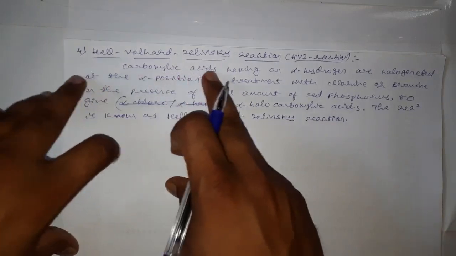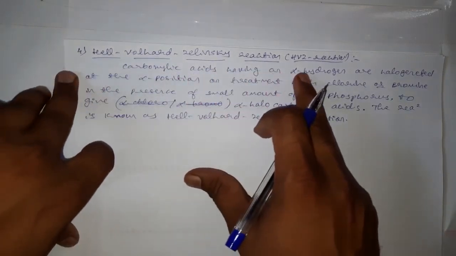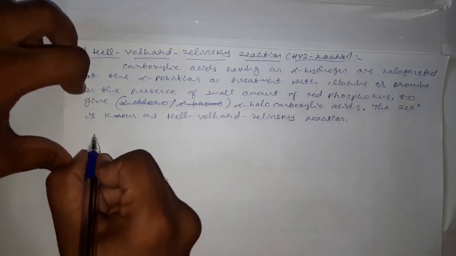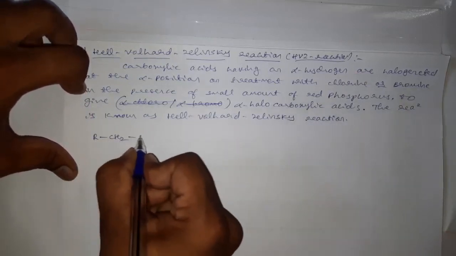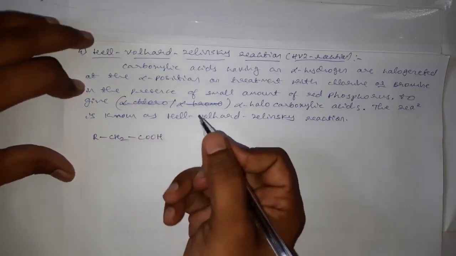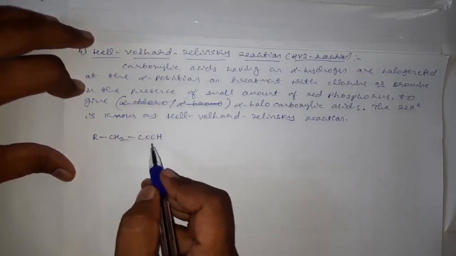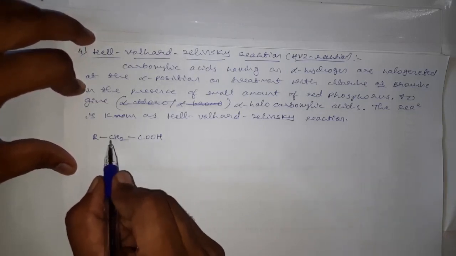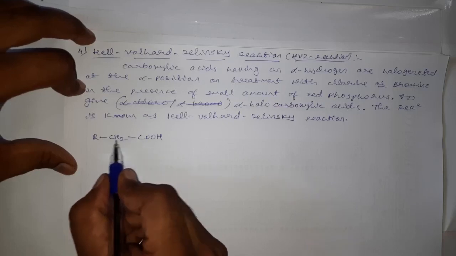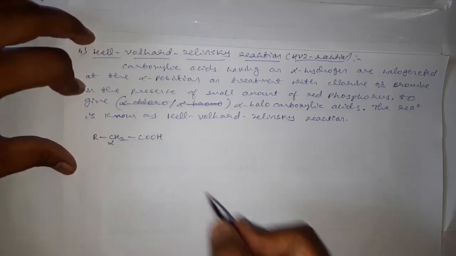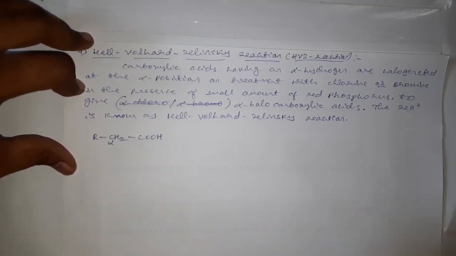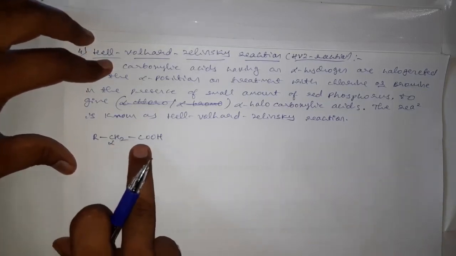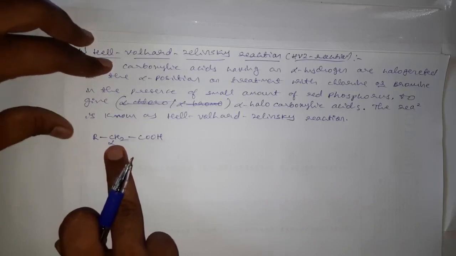See, carboxylic acids which have an alpha hydrogen means CH2COOH, and this is a carboxylic group, correct? And the next carbon which is directly attached to this carboxylic carbon is called the alpha carbon.